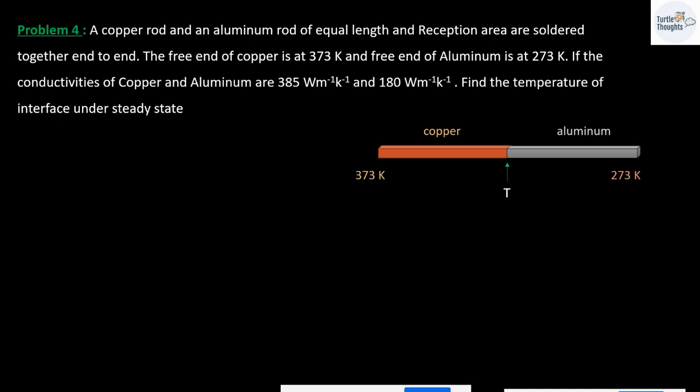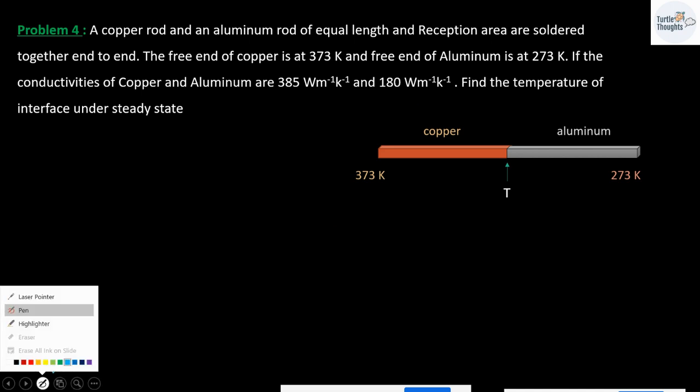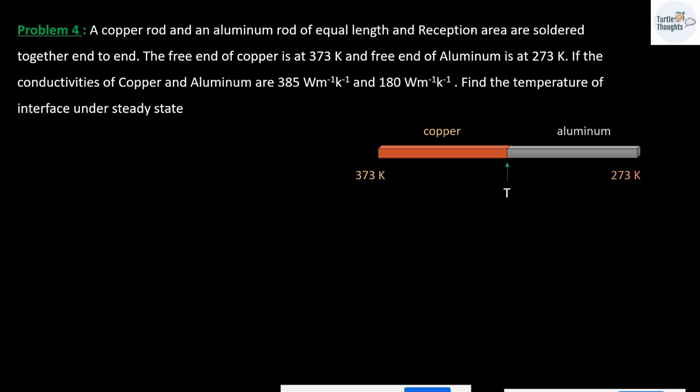A copper rod and an aluminium rod of equal length and, that is not reception area, it is cross sectional area. Let me make the change. Cross-sectional area are soldered end to end. The free end of copper is at 373 Kelvin and free end of aluminium is at 273 Kelvin.